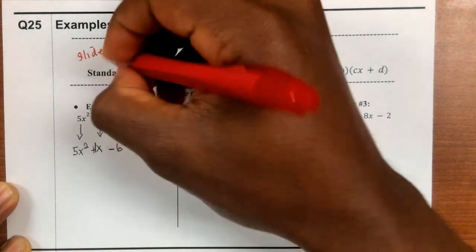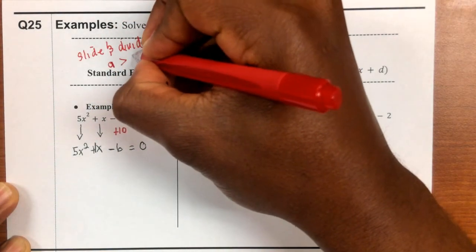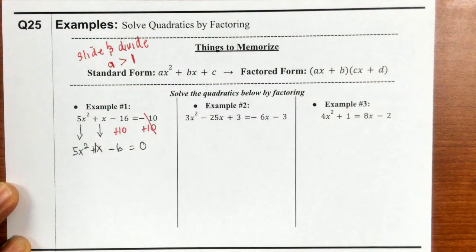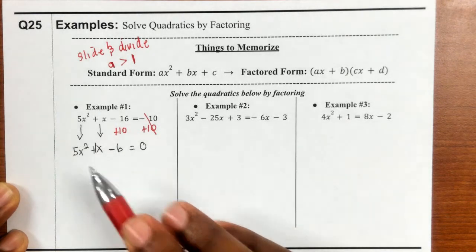So if your a is greater than 1, that is when you use slide and divide, all right? And sometimes you even use it when it's less than 1. So again, you use this whenever it is not 1, okay?